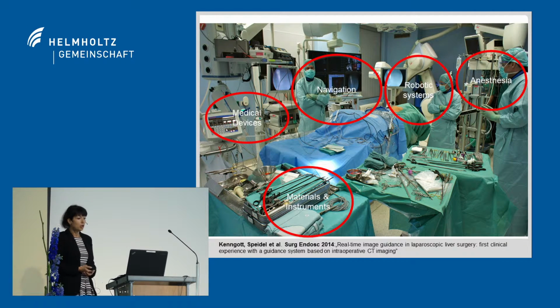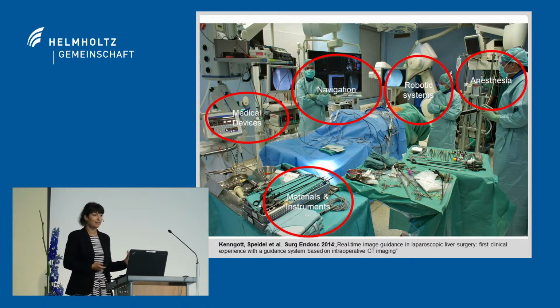And all these systems provide a huge amount of valuable data that can also lead to an information overflow. So the goal of computer-assisted surgery is to optimize patient therapy during surgery by turning the available data into useful information using methods from computer science.